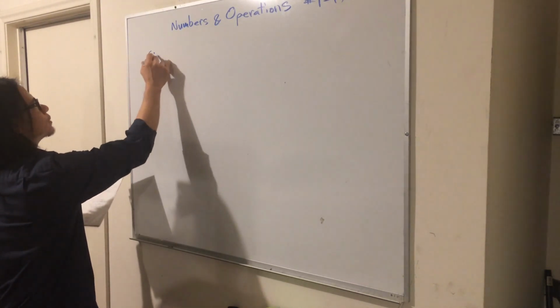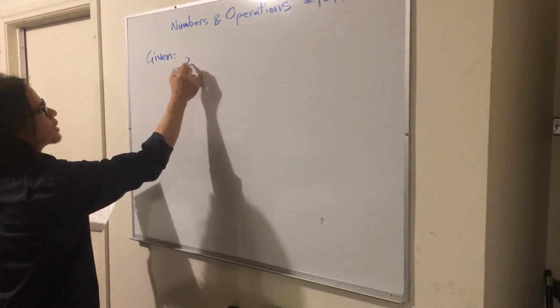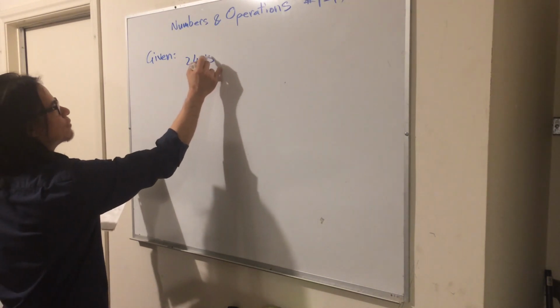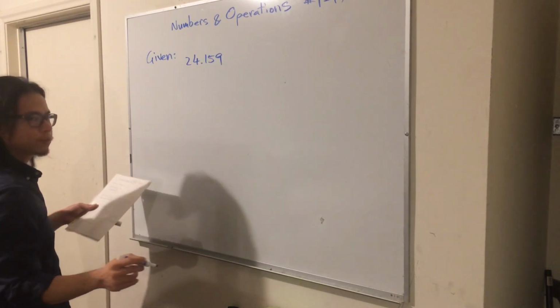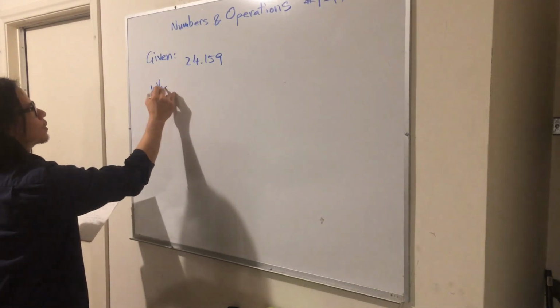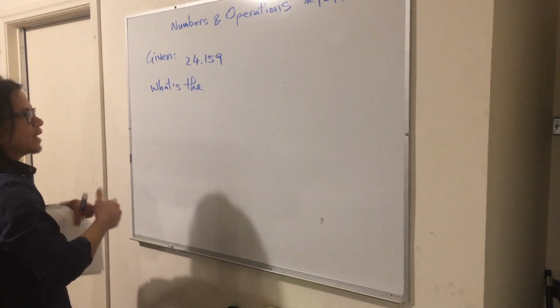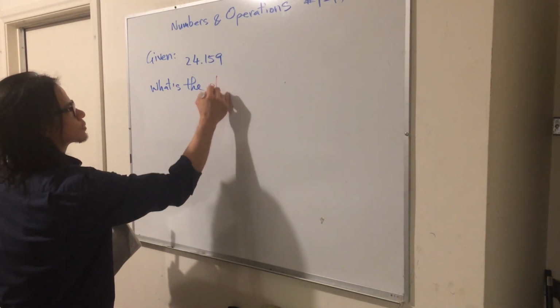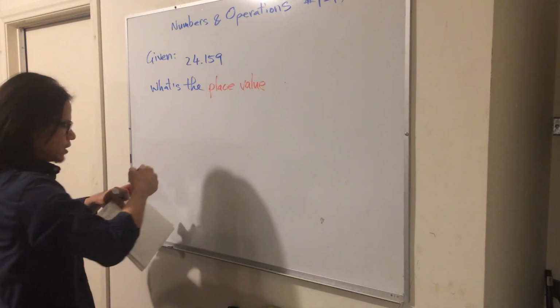Let's say you're given the decimal number 24.159. Okay, so the question for you is, what's the place value of each digit?